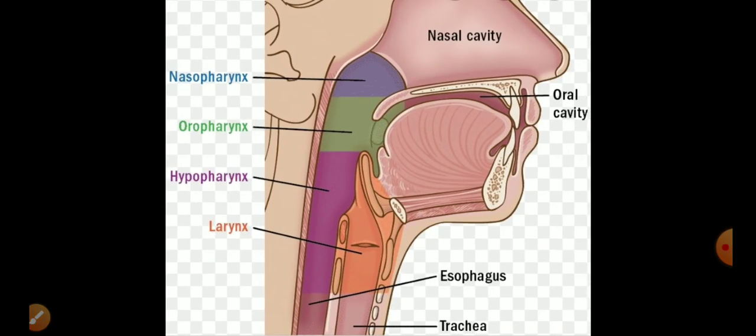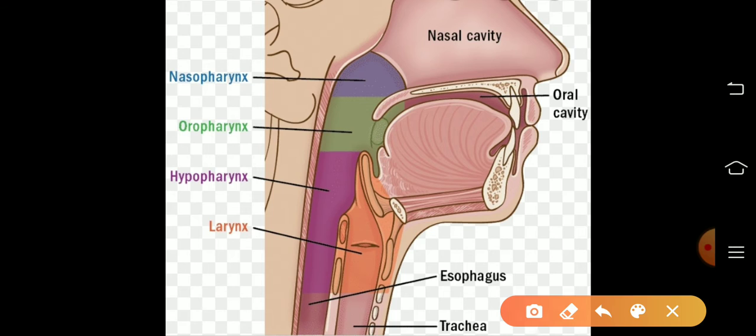Suppose the person is swallowing some food. While swallowing, this part of Passavant's ridge comes forward, and the soft palate elevates. It elevates in the sense that it becomes a little straighter.